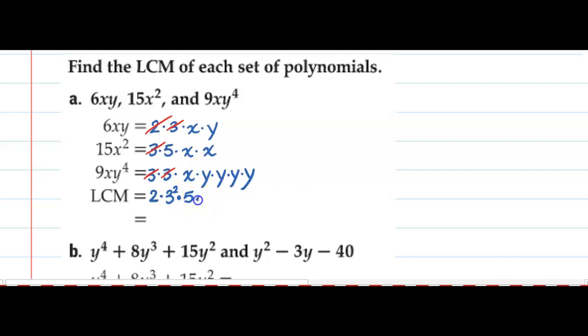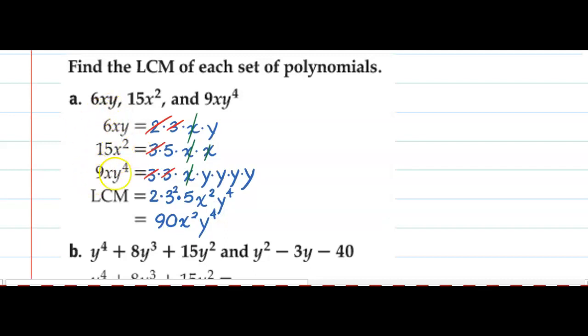The greatest number is 2 x's. That takes care of the x terms. Next, we need to look at the y's. This one has 1 y, no y's, 4 y's. 4 factors of y wins. And then we simplify. 9 is 3 squared times 5 is 45 times 2 makes 90. And then x squared, y to the fourth.